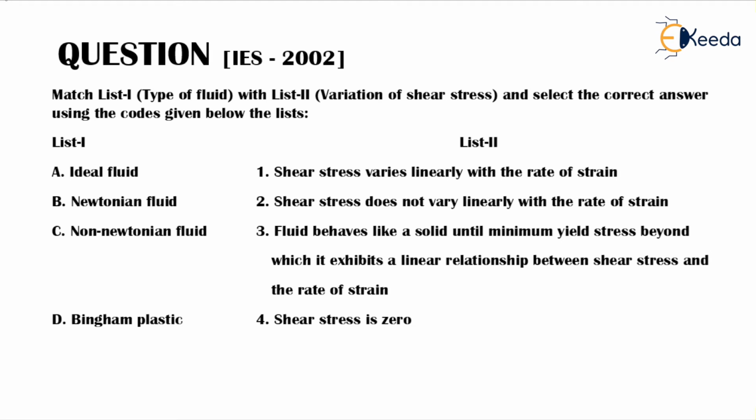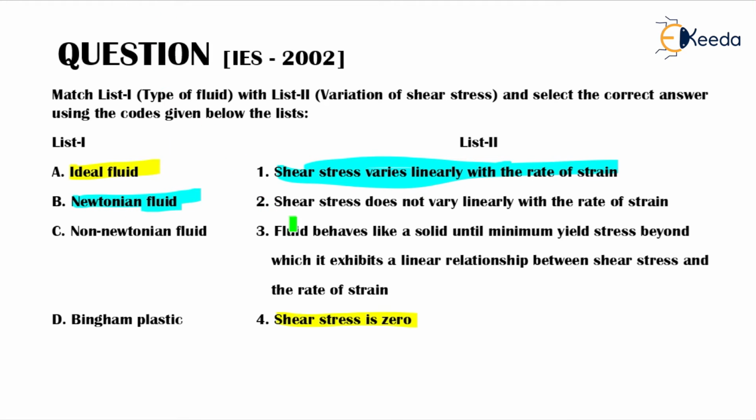Next problem, here again ideal fluid, Newtonian, non-Newtonian and Bingham plastic. So for an ideal fluid, we can directly see that shear stress is 0. Now when shear stress varies linearly with the rate of strain, this is Newtonian fluid.